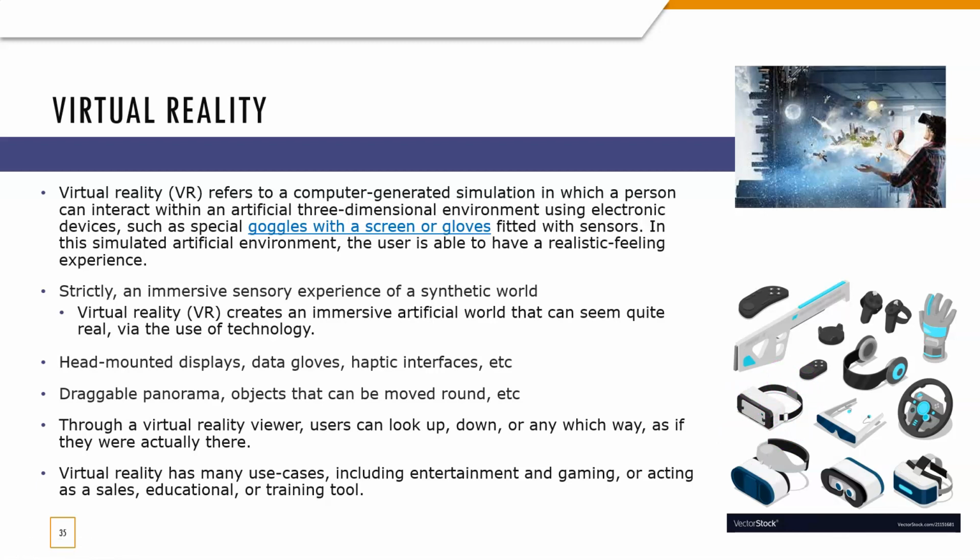Same as 3D, you need to use special spectacles. Okay, so through a virtual reality viewer, users can look up, down, or any which way as if they were actually there. Okay, so VR has many use cases, including entertainment, gaming, acting, or sales. So these are the sectors that use VR.